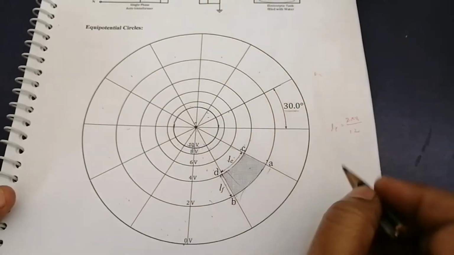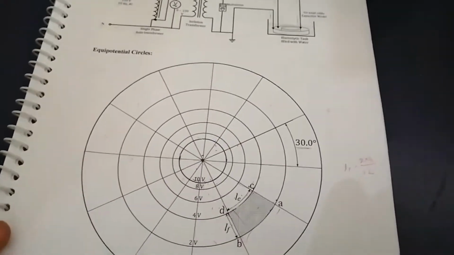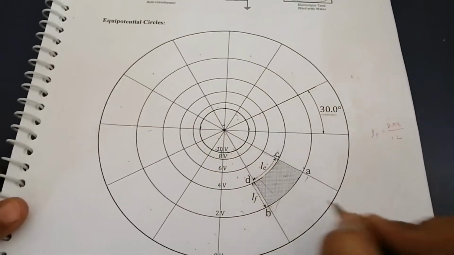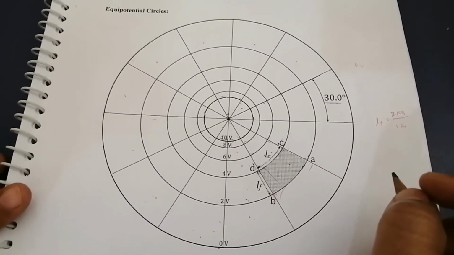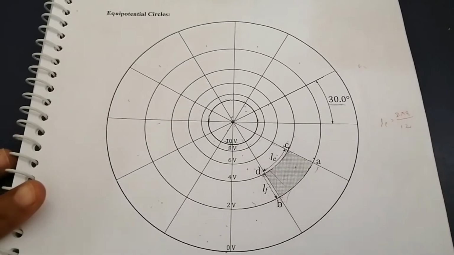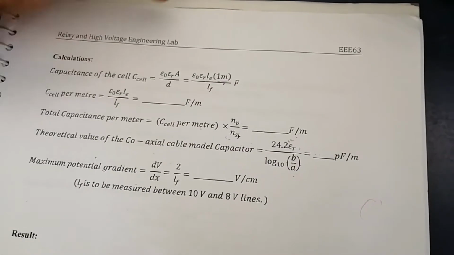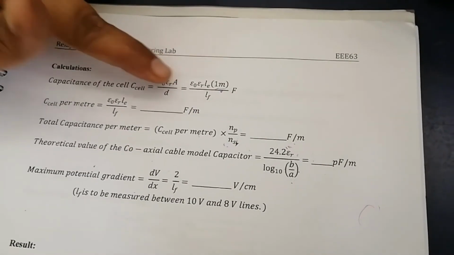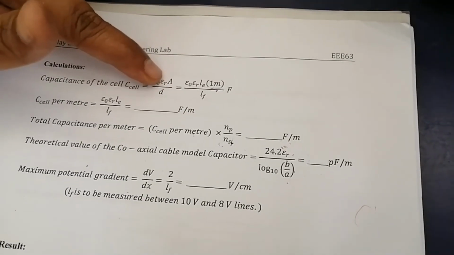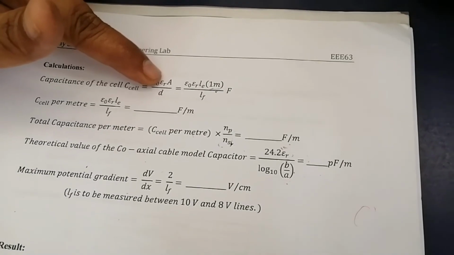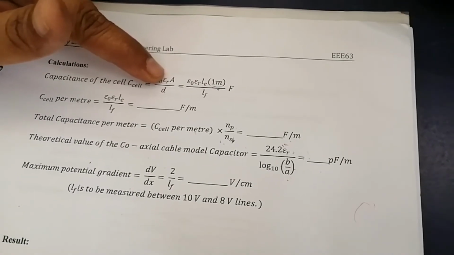Now let us see the calculation. So the first aim, equipotential lines, is plotted. Now let us see how to find the capacitance of the coaxial cable. Capacitance of the cell is given by epsilon naught epsilon r A by D. Epsilon naught is the absolute permittivity of the medium.